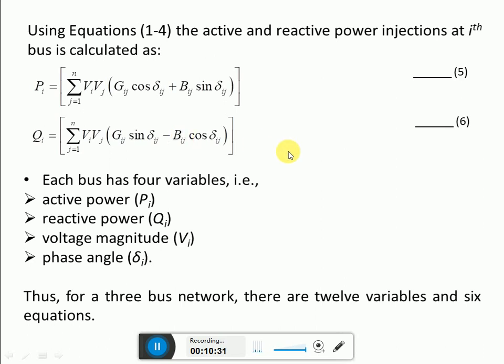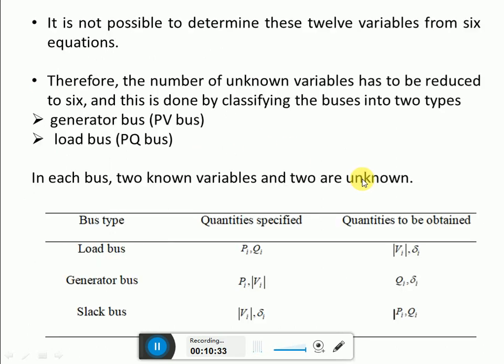Now how will we do this? We will reduce the unknown variables from 12 to 6 by classifying the buses into two categories.